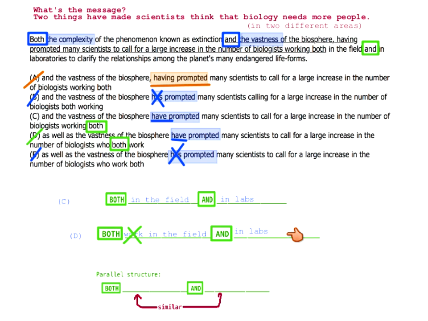This is bad. So C is a winner. But just for the record, yeah, you also cannot mix both with as well as. That's not a thing. So if you happen to know that, you can also knock off D for that reason.